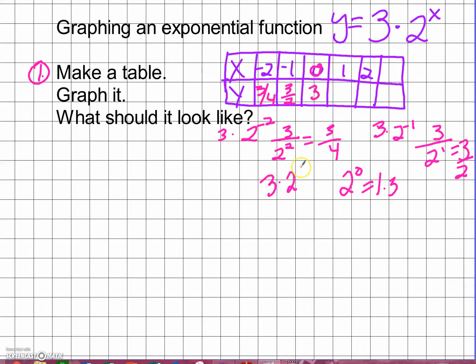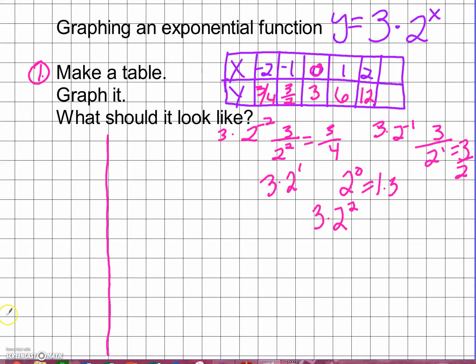3 times 2 to the first power. 2 to the first power gives me 2, times 3 is 6. 3 times 2 to the second power. Here's 4 times 3, 12. Alright, then I would graph it on my line. So we got some larger numbers and smaller numbers.